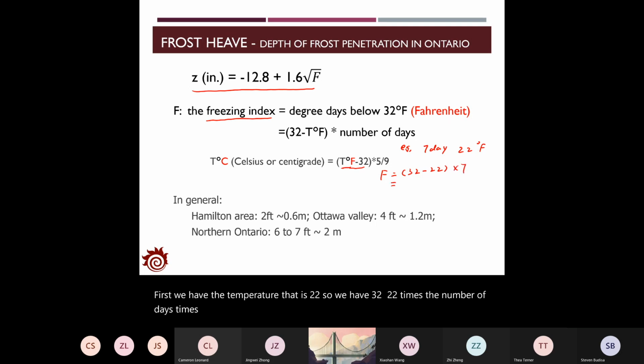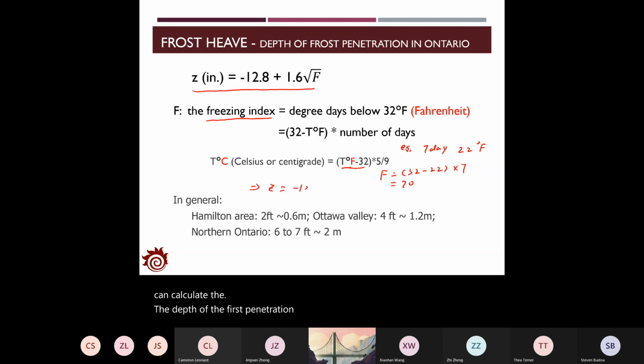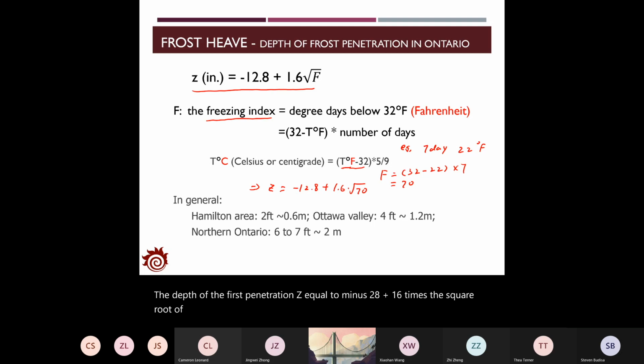It will give you the freezing index as 70. And then you can calculate the depth of the frost penetration, z equals minus 12.8 plus 1.46 times the square root of 70, and it will give you the value.